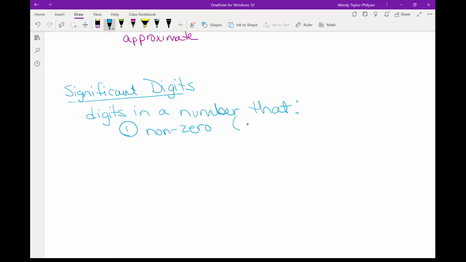So that would be 1, 2, 3, 4, 5, 6, 7, 8, 9. Any of those digits in a number are significant.